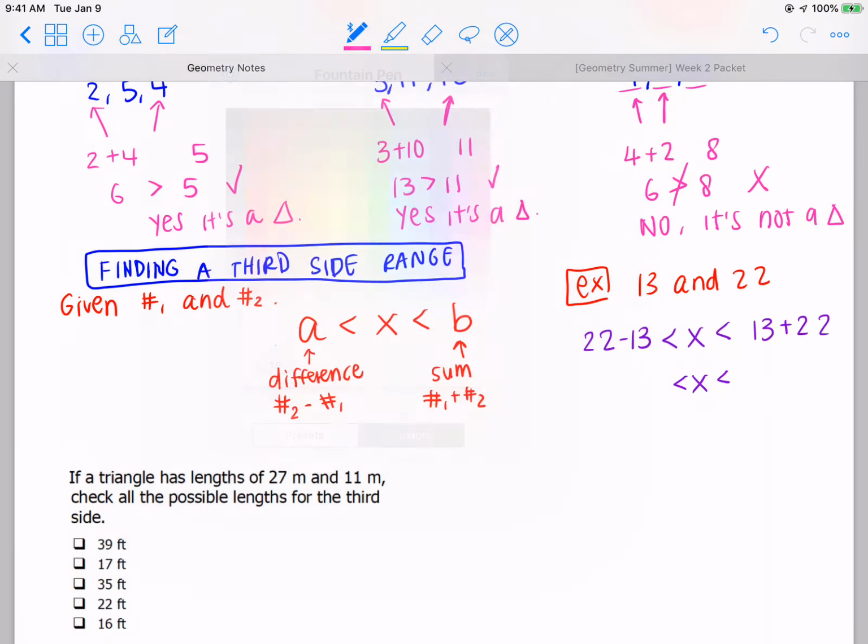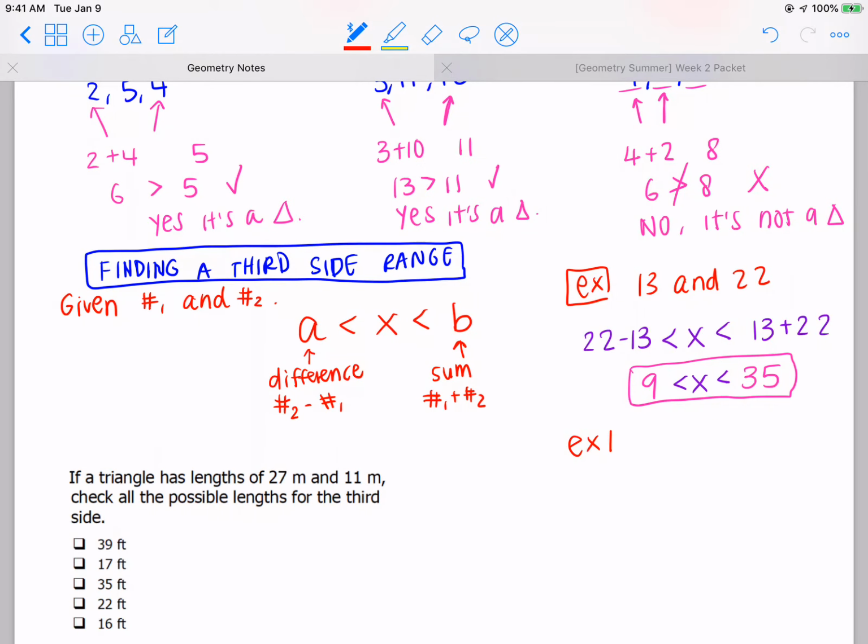What would be the answer to this? It will be 9 and 35. And that's your answer. That means anything in between 9 and 35 can be the third side.